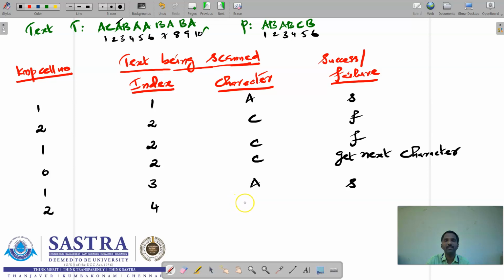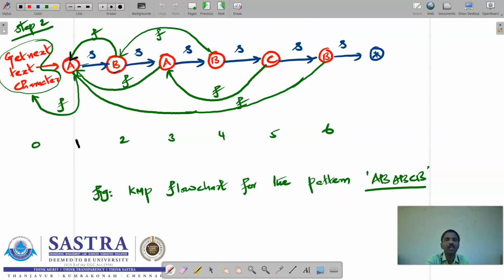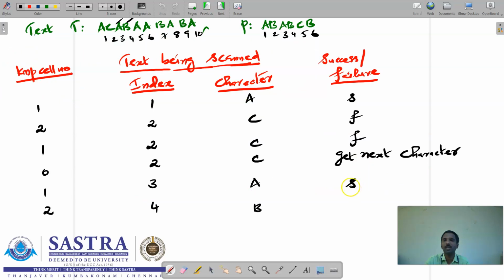The text character at the 4th index is B. At cell number 2, check if the character B is there. Yes, the pattern character B is there. So here again, we have got success.